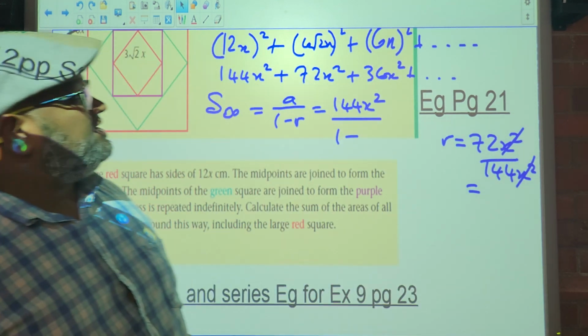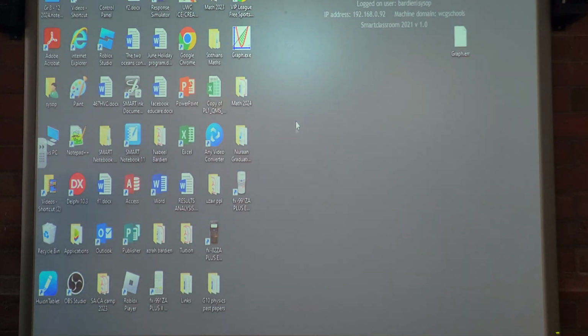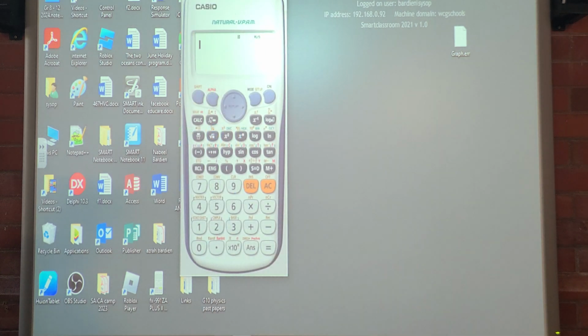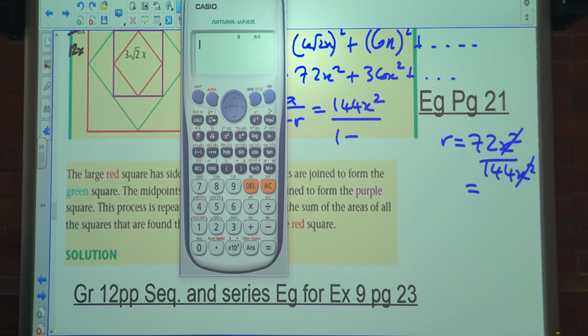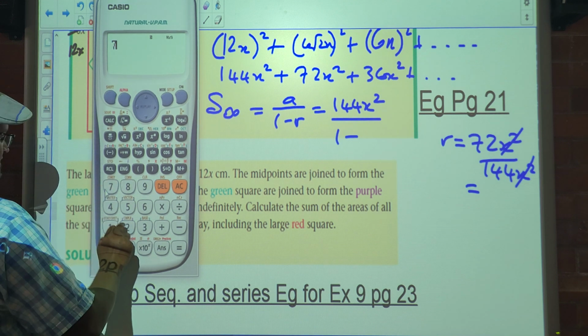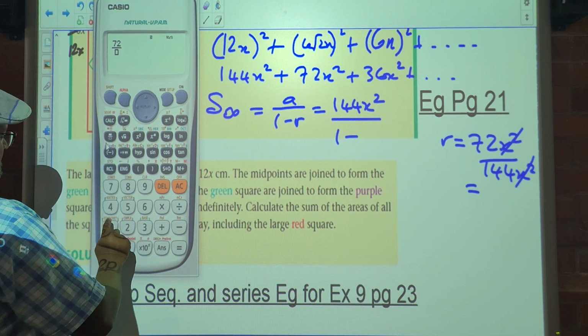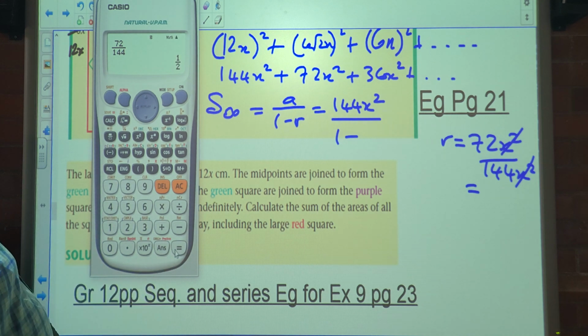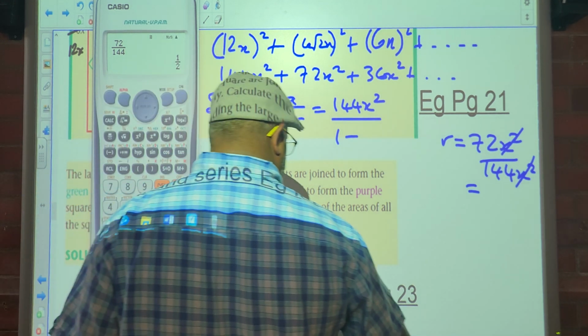So let's get the calculator. 72 over 144 is an answer of a half. Correct?